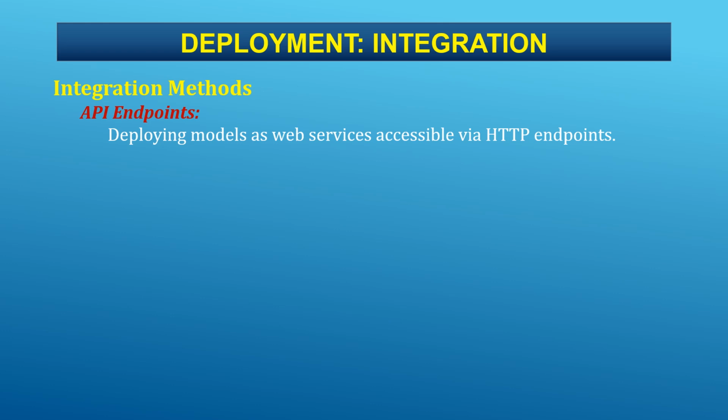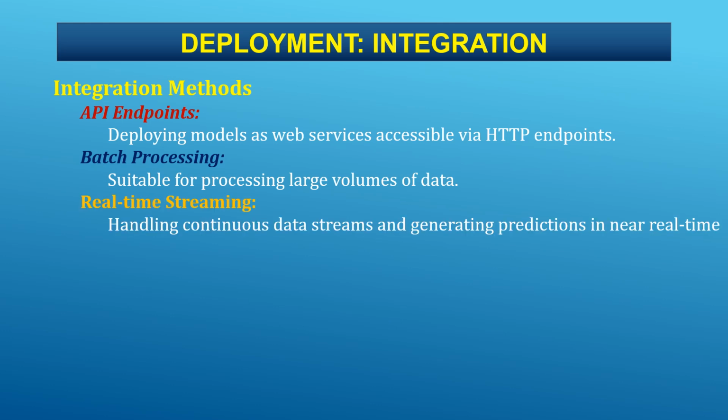Integration methods. API endpoints: deploying models as web services accessible via HTTP endpoints, enabling real-time predictions from applications. Batch processing: performing predictions in bulk on a schedule or as needed, suitable for processing large volumes of data.